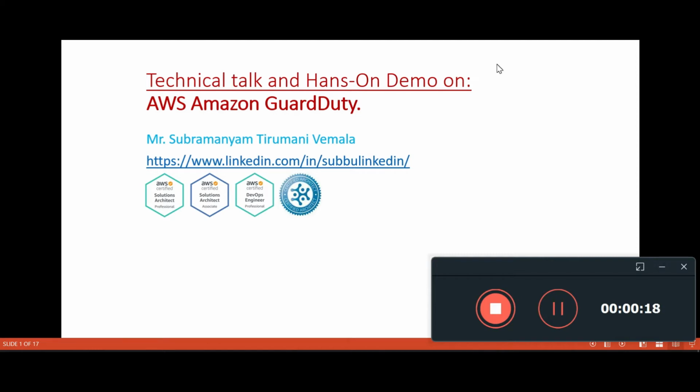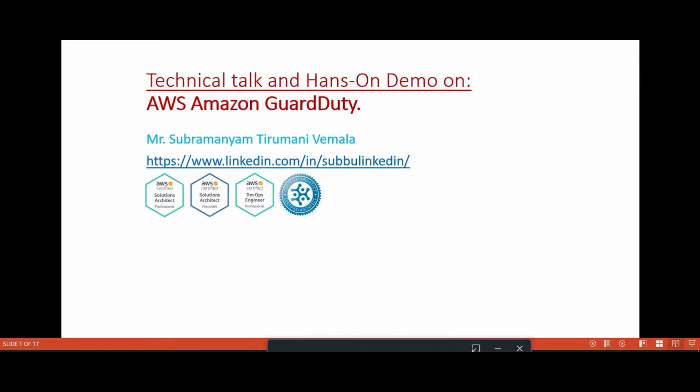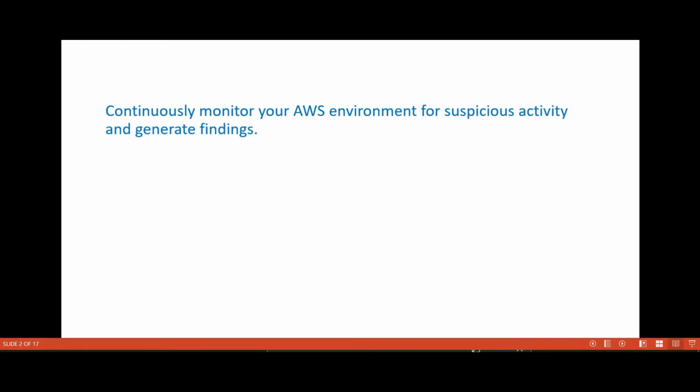Today I'll be talking about Amazon GuardDuty, and let us get into hands-on on the same. Actually, Amazon GuardDuty is required to continuously monitor your AWS environment for suspicious activities and generate the findings.